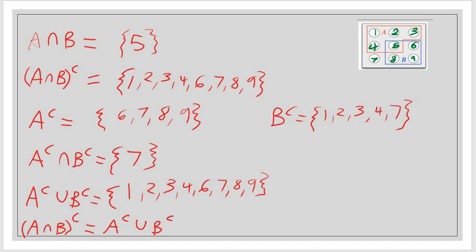So in words, you could say that whatever is not in both A and B is the same as whatever is not in A along with whatever is not in B.